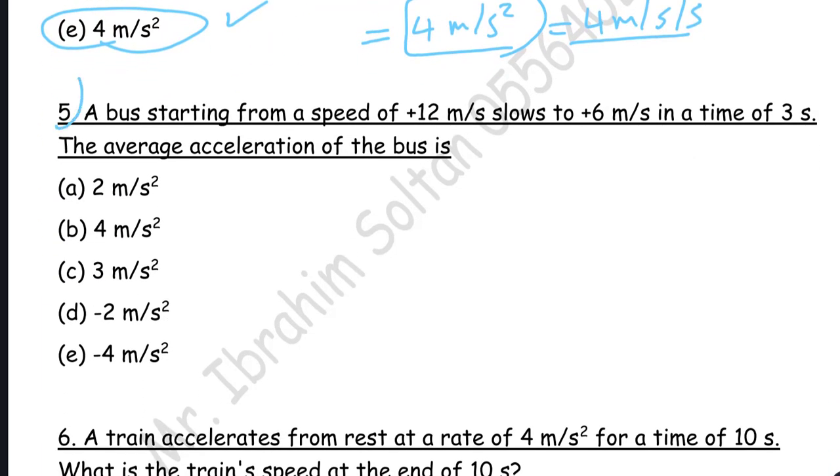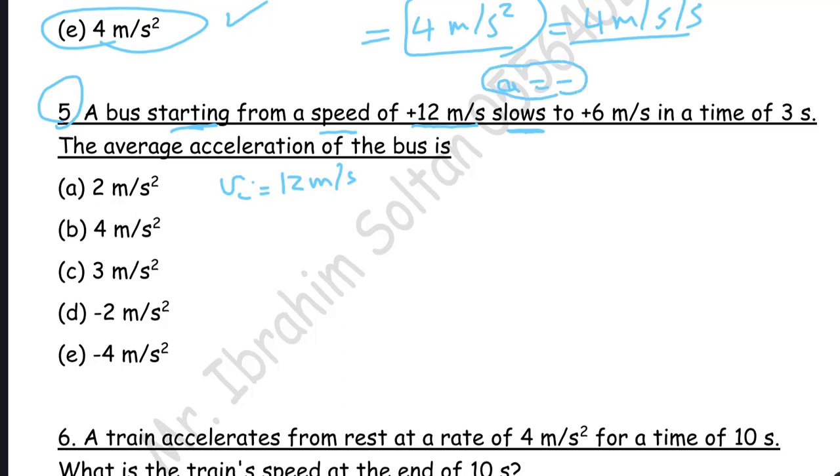Let's move to number 5. A bus starting from a speed of 12 meters per second, so we have V initial 12 meters per second, positive. Slows means it slows down, means it decelerates, so the acceleration will be negative, right?